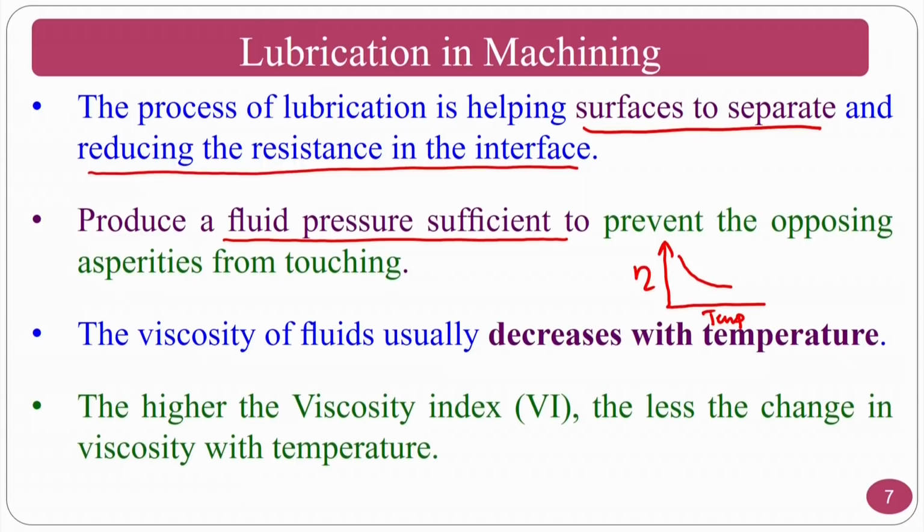If you see in terms of polymers, gels and those things, if a semi-solid polymer is there and you increase the temperature, the viscosity will come down because the intermolecular force of attraction between the polymer molecules will reduce. Normally, cutting fluids are also petroleum-based products which can form small plasticizer-like polymers, so the same analysis applies here. A higher viscosity index means less change in viscosity.